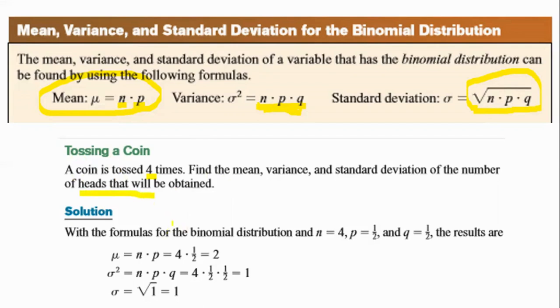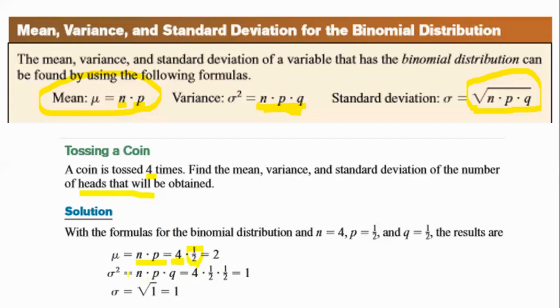So how can you calculate the mean, variance and standard deviation of the number of heads? Definitely, as you know, that's the case of binomial distribution. It can be easily calculated with this formula n into p. As you know, 4 is the number of times this experiment was run, and half is the probability of success. So it's total 2.